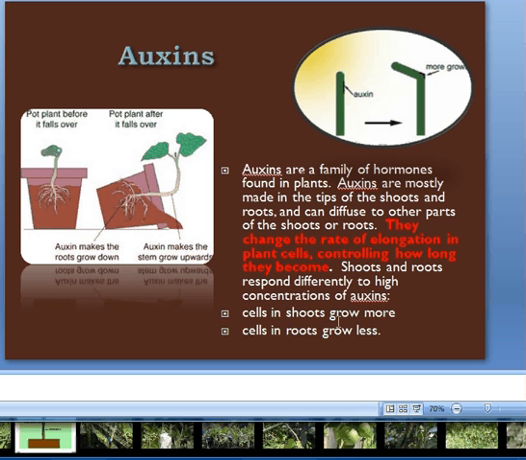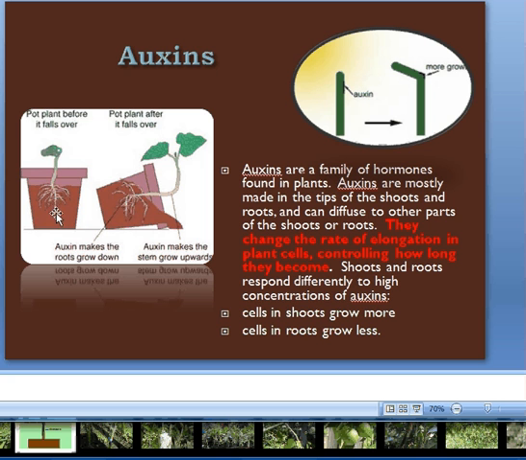Note too that shoots, which are the top part of the plant, and roots respond differently to high concentrations of auxins. The cells in the shoots begin to elongate more, whereas the cells in roots grow less.